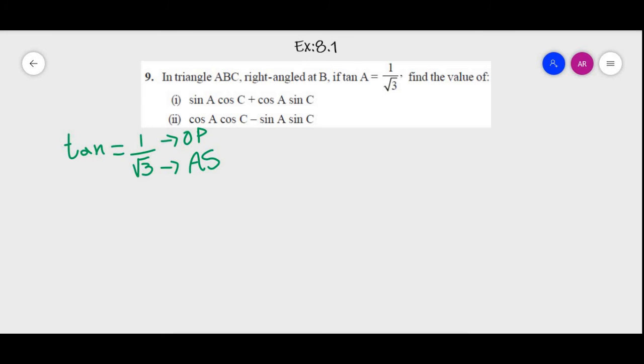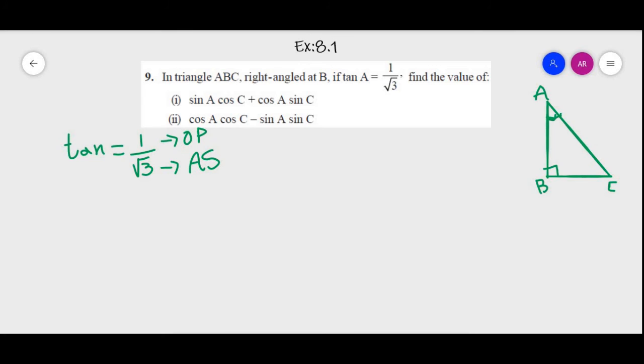So let us draw a triangle in order to make everything clear. This is going to be my triangle and this is my right angle there. They said that it's right angle at B, so first of all, let's put B at the right angle, A here, and then C. Then we should take everything according to angle A. For the first bit, tan theta is equal to 1 by root 3.